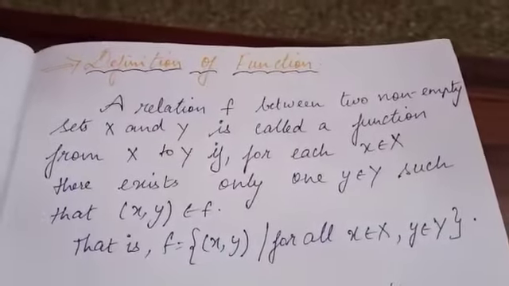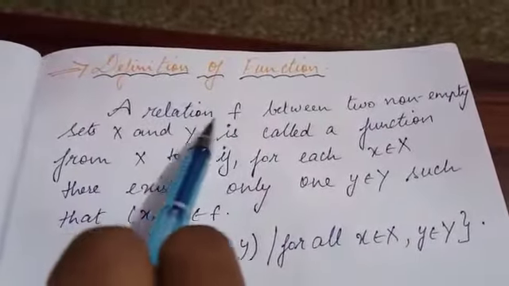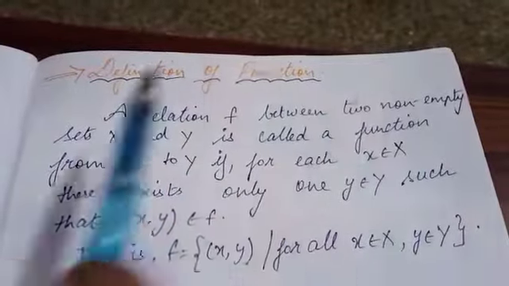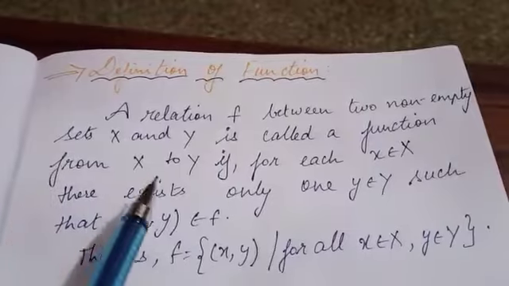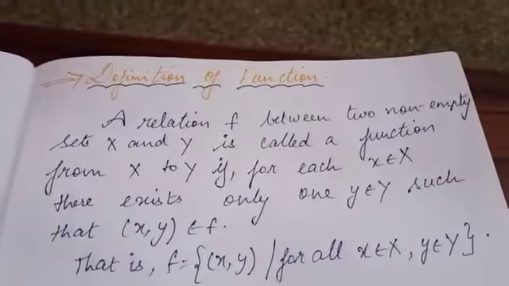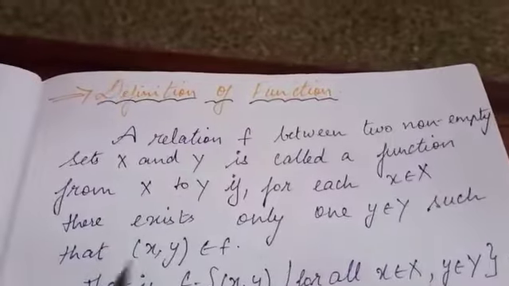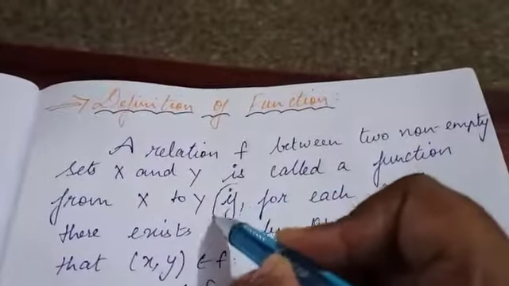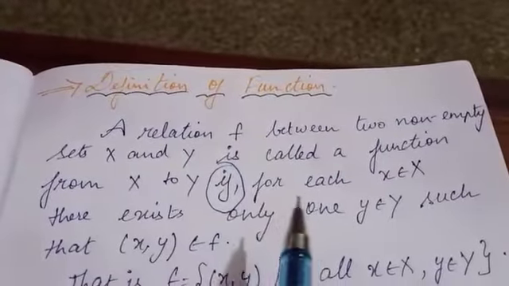Now this is the definition of a function. A relation f between two non-empty sets X and Y is called a function from X to Y if, so there is a condition. What is the condition?